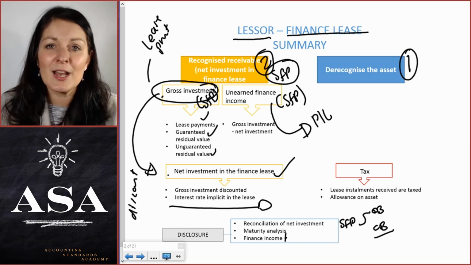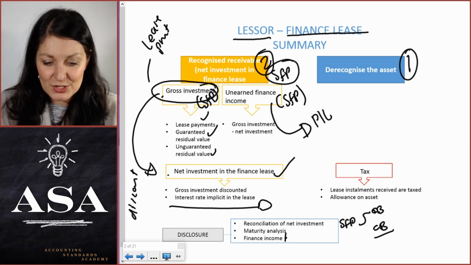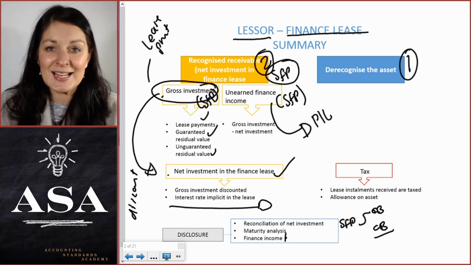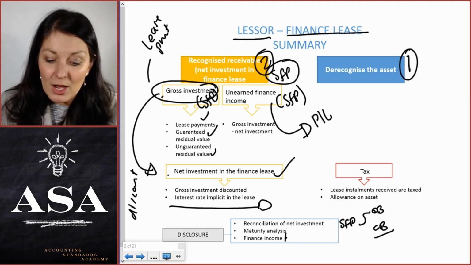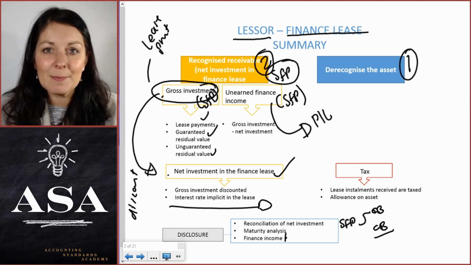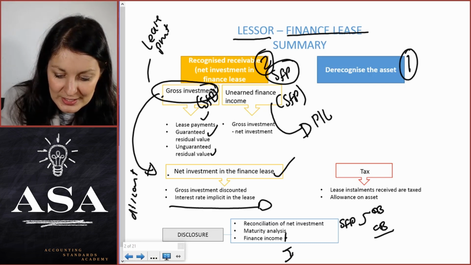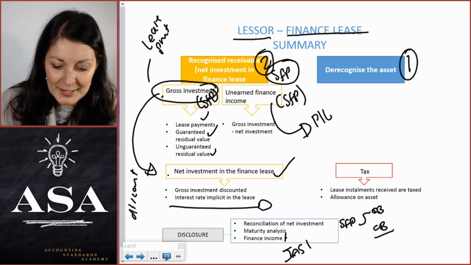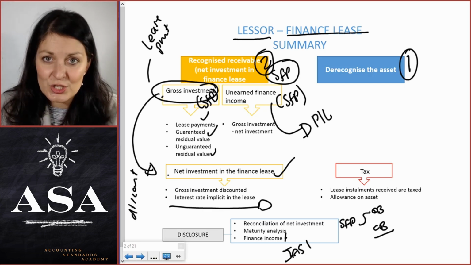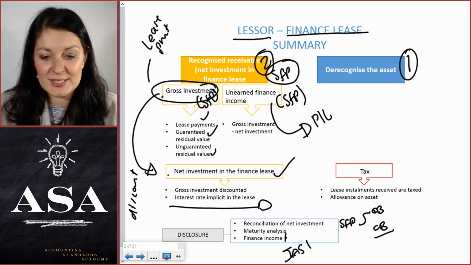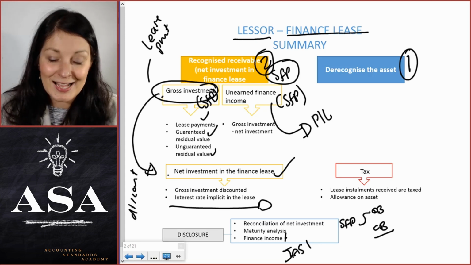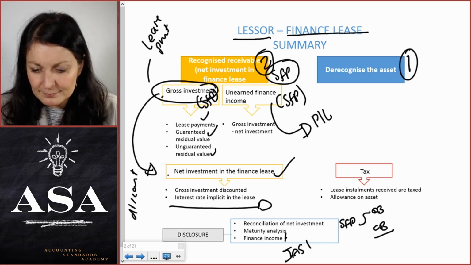And you will do that for the remaining lease terms as at your reporting date. Also remember that finance income has to be separately disclosed in terms of IAS 1. So you will disclose your interest that you've received on this finance lease under finance income.